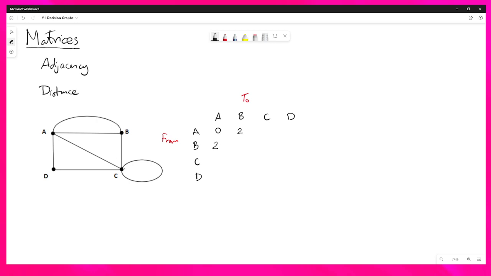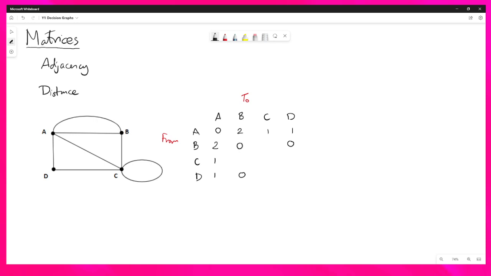A to C, there's only 1. And A to D, likewise, there's only 1. B to D, there are no arcs that directly connect B to D. So we're going to put a 0 in there.